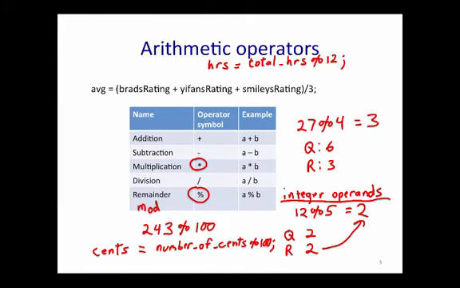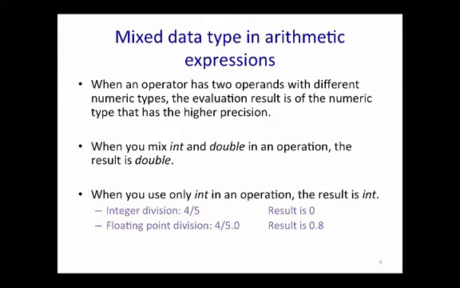So if we're into the 14th hour of the day, that would be 14 mod 12, or we'd really be at 2 p.m. So the mod or remainder operation is very helpful, and we'll see it several times in this course.